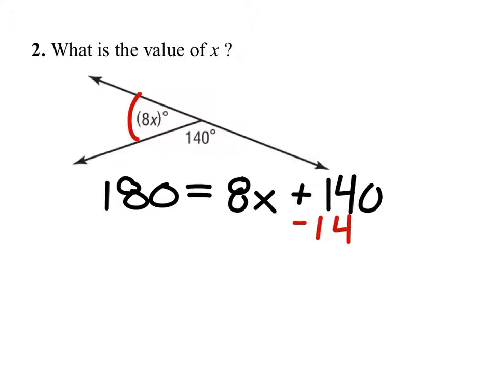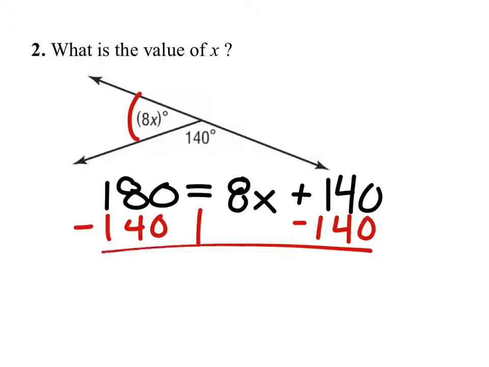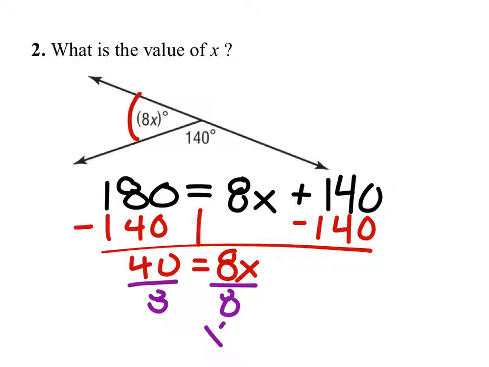So I would subtract 140. In the equation I'd subtract it from both sides, but if you just took it away from 180, that's what I assume most of you guys did. And you saw that that angle was 40 degrees, which is the same as 8x. So, to solve for x, we would divide both sides by 8, and we would find that x equals 5. Bam.